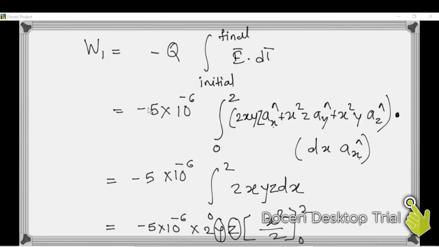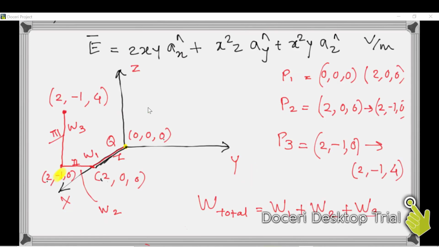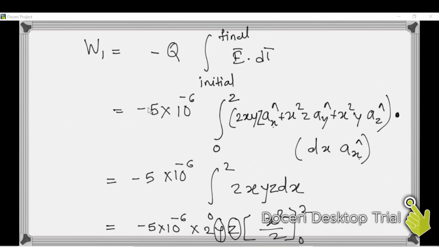Now for path W2 we have to move from 2 0 0 to 2 minus 1 0. That is our second path. So what are the changes? 2 is remaining constant, y is changing, so we have to consider dy ay cap, and z is not changing. So x and z are not changing.